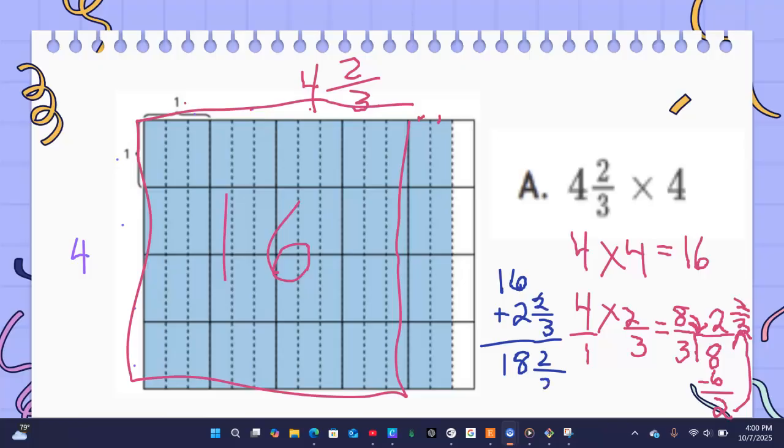That's only if the question is asking you to find the area of the rectangle, all right?